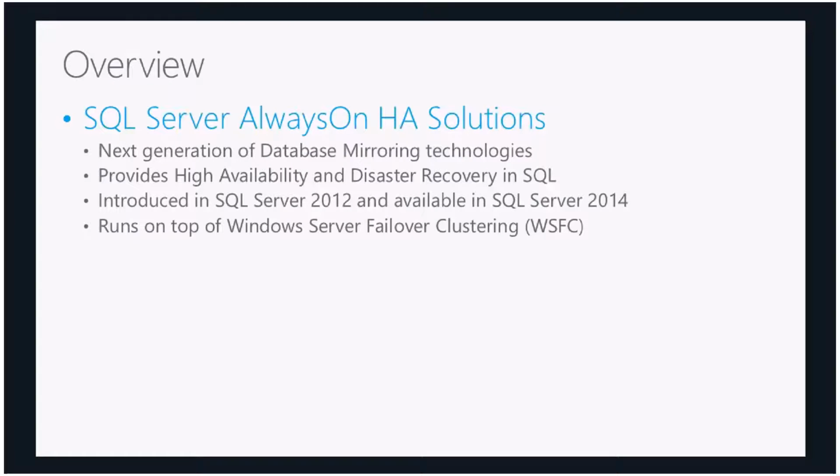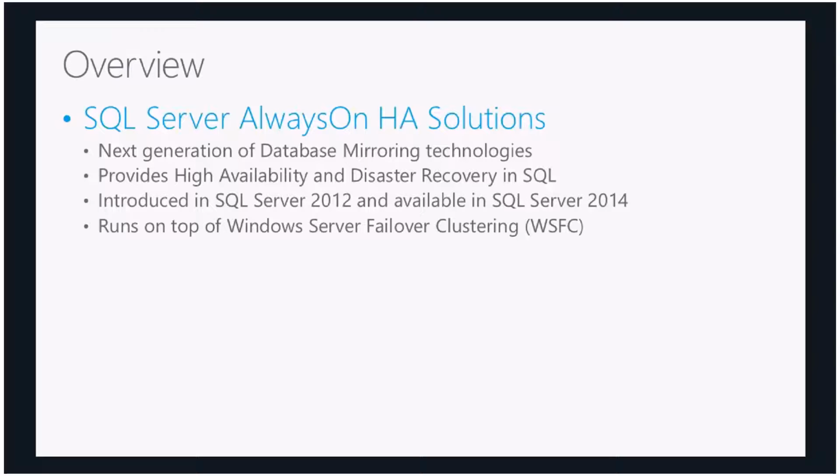Okay, so let's quickly talk about the overview of Always On. SQL Always On is one of our high availability solutions. It's the next generation of database mirroring technology. We've had the ability to do Always On in SQL Server 2012, and it continues to be available in the more recent versions, SQL 2014 and so forth.